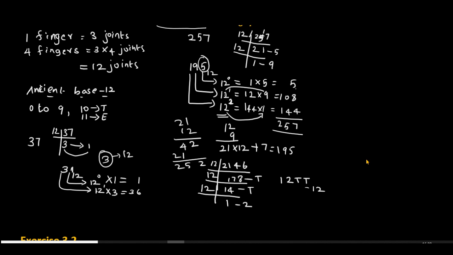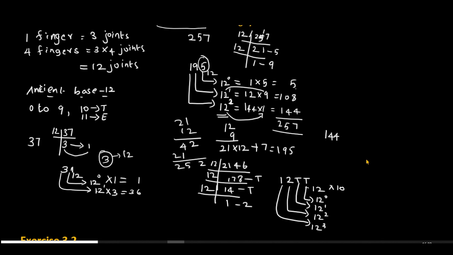Which means here no 12, here 12 power 1, here 12 power 2, here 12 power 3. So 12 power 3 means 144 12s are there. 12 squared means 12 12s.